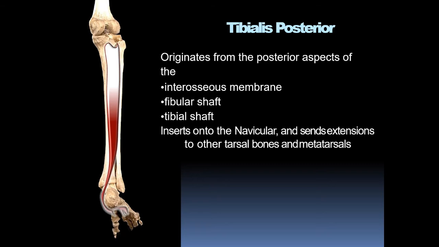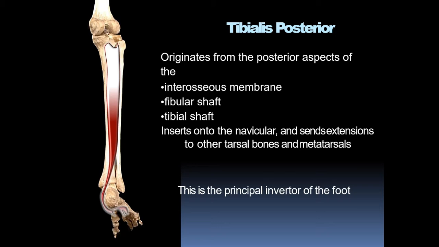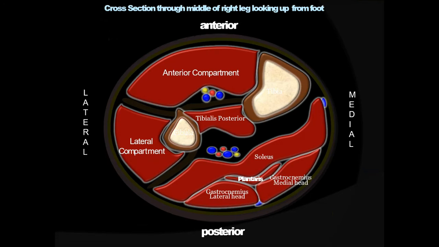Inserts onto the navicular and sends extensions to other tarsal bones and metatarsal bone of the foot. This is the principal inverter of the foot. Here in this diagram we can see presence of the tibialis posterior.